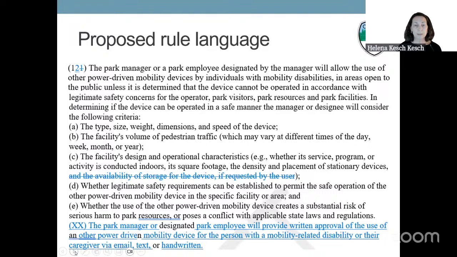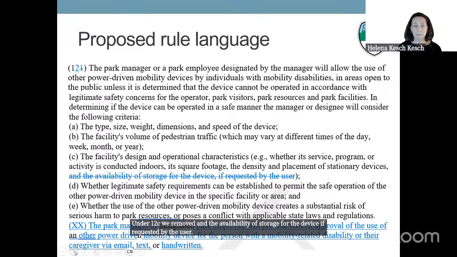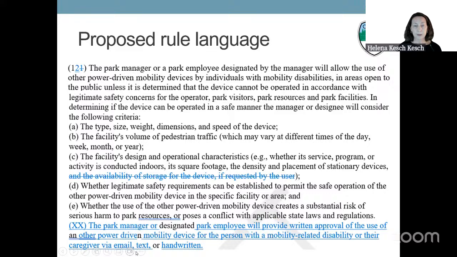Under 12C, we removed "and the availability of storage for the device if requested by the user." Under 12, it will probably be F, it says XX now.